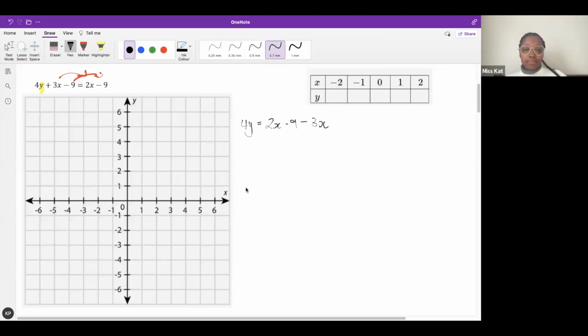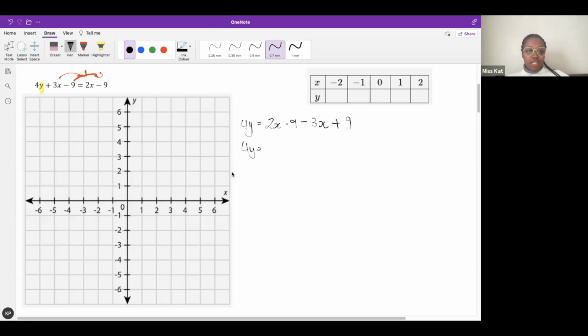Okay, guys, I see you in the chat telling me the answer. It will become negative 3x, and then negative 9 becomes positive 9. Now let's add our like terms. 4y equals, what is 2x minus 3x? We should already have this in our books.